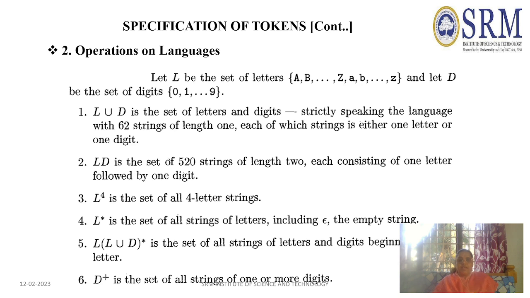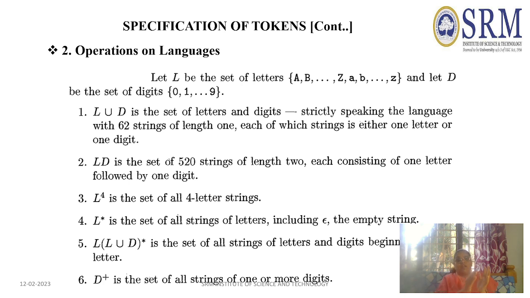For lowercase, small a0, small a1, and so on up to small a9, like this 10 strings for small a, and small b0 to small b9, again 10. Similarly, for this set you will be getting 260 strings.